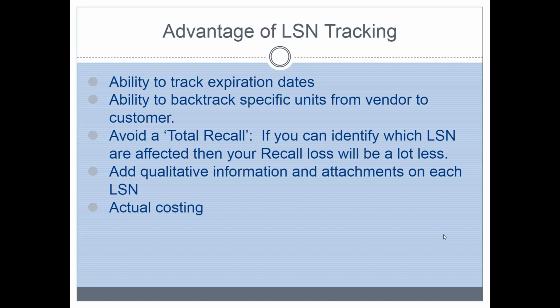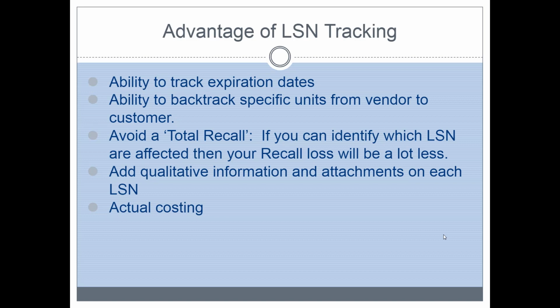To avoid what we call the total recall. A total recall is basically when something happens to one of your products, such as contamination, and you need to do a recall. If you know which lot numbers are affected, then you only need to do a partial recall and not a total recall.